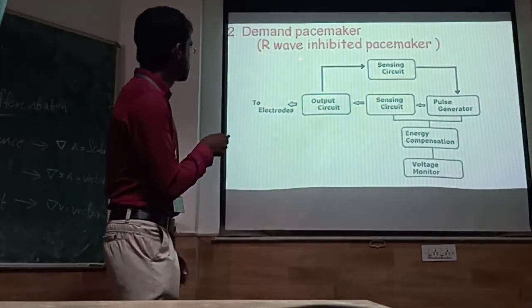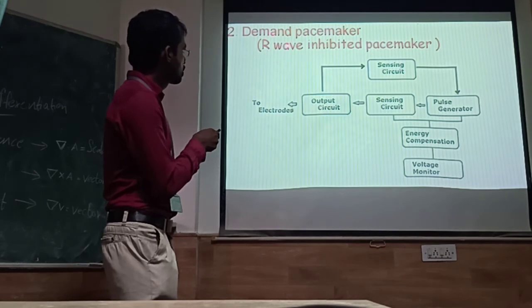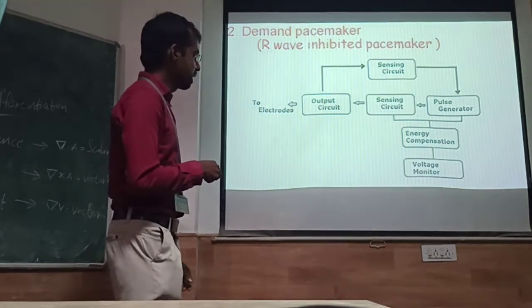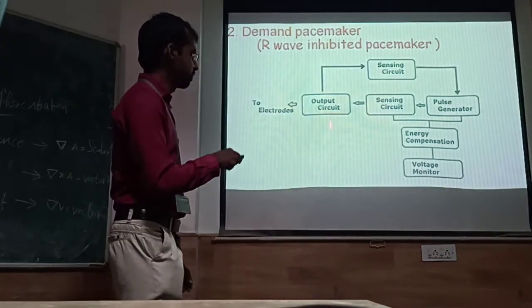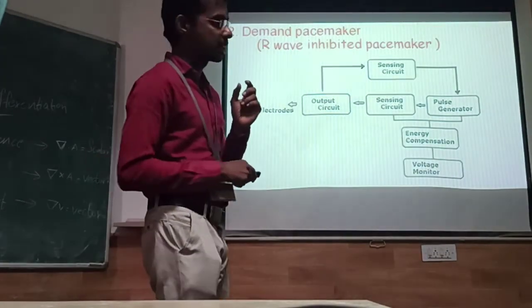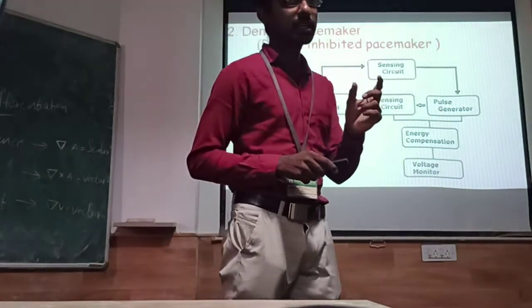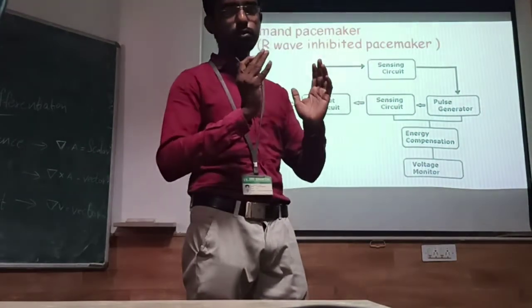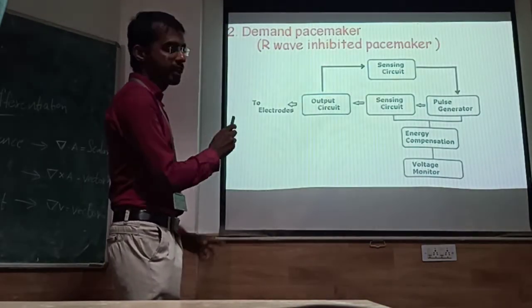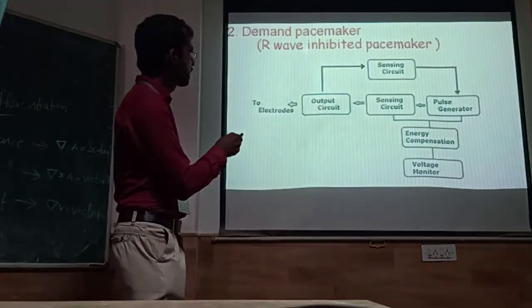Here you can see that it is also called an R wave inhibited pacemaker. We saw the PQRS waveform yesterday, right? In that QRS waveform, the QRS represents the ventricular motion. So the R wave indicates ventricular motion.